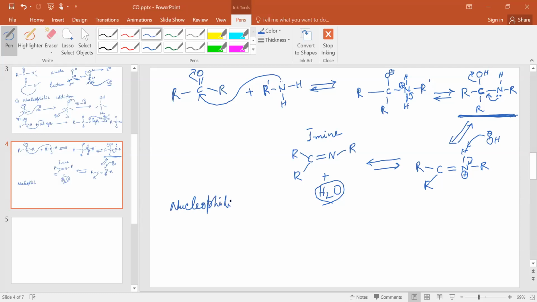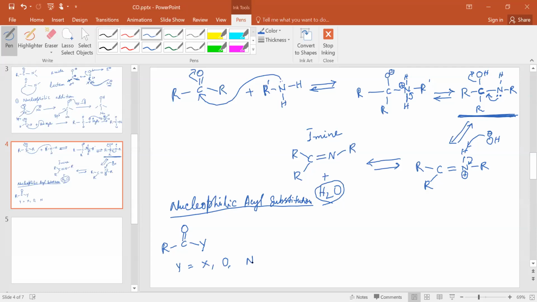Suppose you have a carbonyl group attached to Y. Y could be mostly halogens, mostly chlorine, or oxygen, in the form of an acid, ester or anhydride, or also nitrogen, amines.